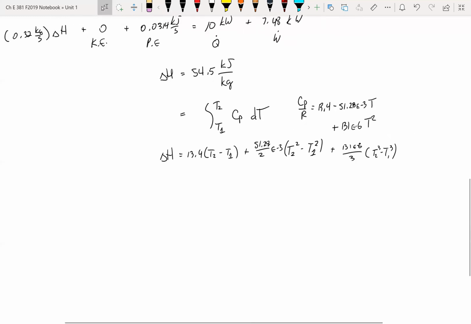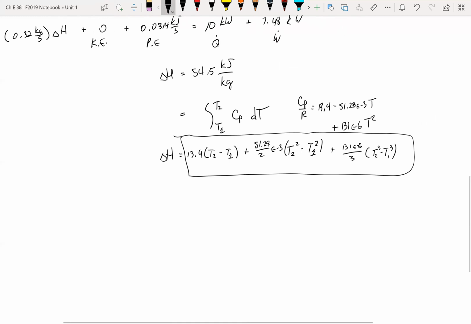So you could basically enter this formula in one cell, where T2 is an unknown cell, and you put a guess in that cell for T2. Then in your expression cell, you would have the entire expression that uses your guess value for T2.